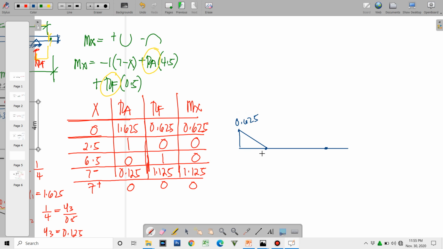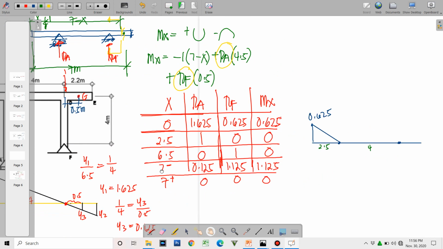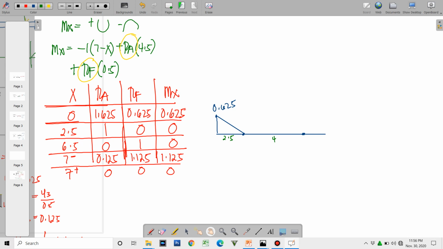Okay. So when x is 6.5, actually this is 2.5. This is 4. And 2.2. So when x is 2.5, our value is equal to 0.